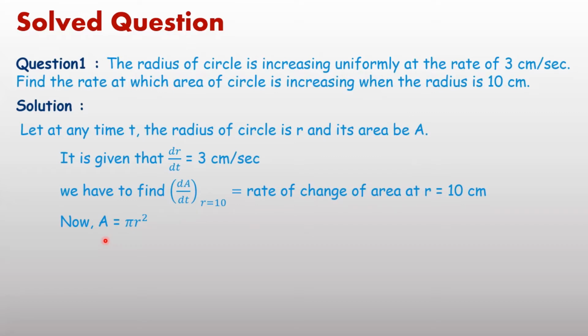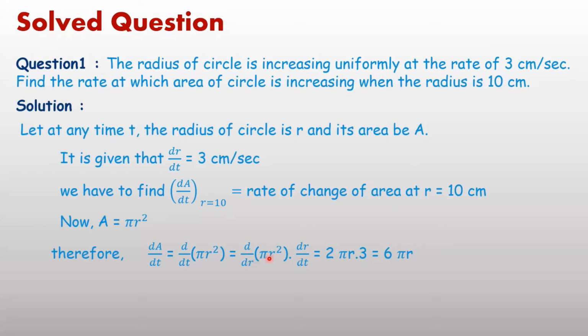Area formula is pi r square. Therefore, dA by dt we can write as d/dt of pi r square. Then apply the chain rule, because here it is a function of r and here t is written. So d/dr of pi r square into dr by dt.